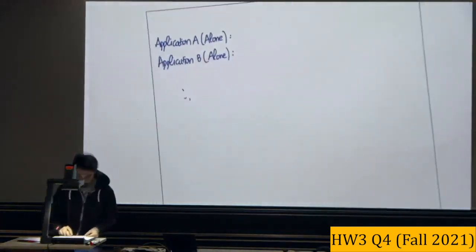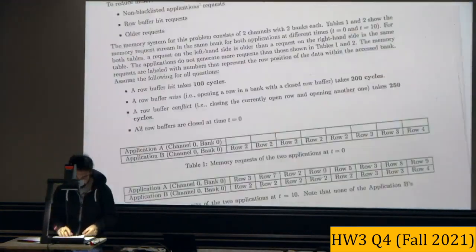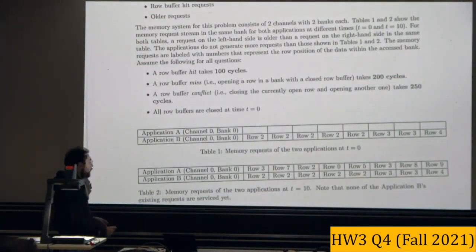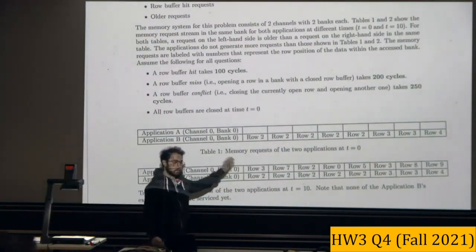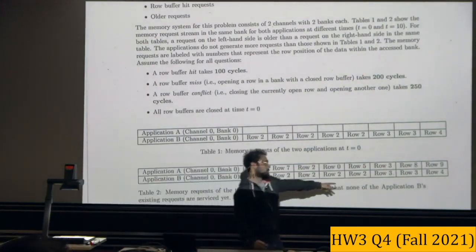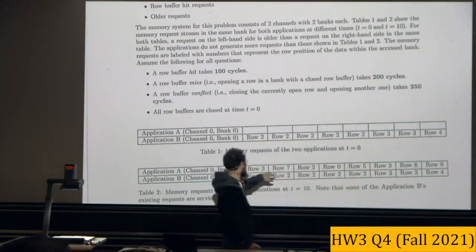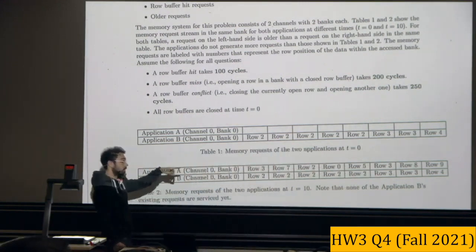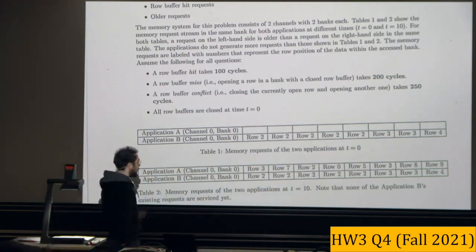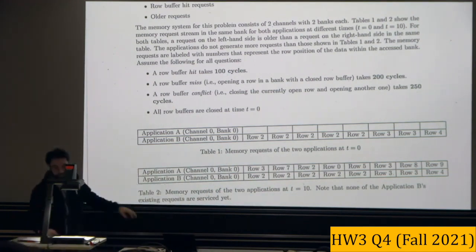So let's see again. When application A runs alone, what will happen? We will perform the request to row 3, and as we see there is another request to row 3. So we can open this row and perform a hit to row 3 for this request that's in the back. And then we perform all the other requests.